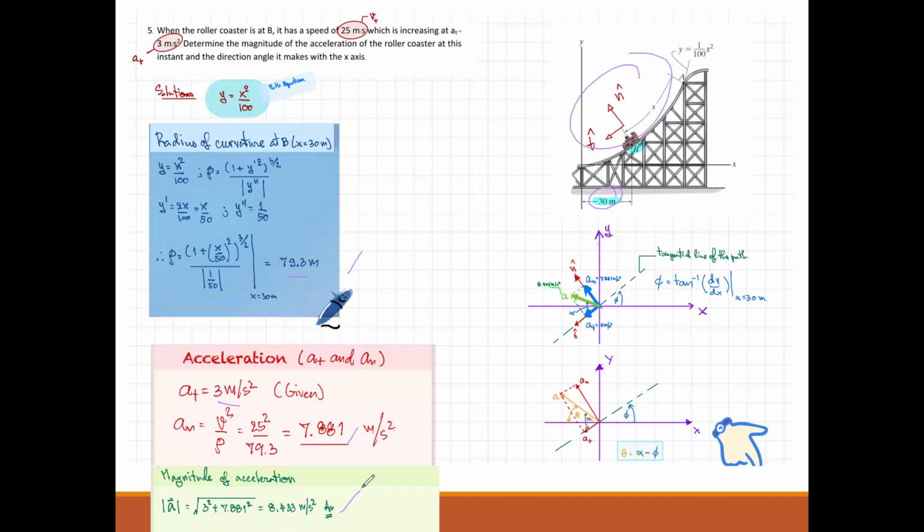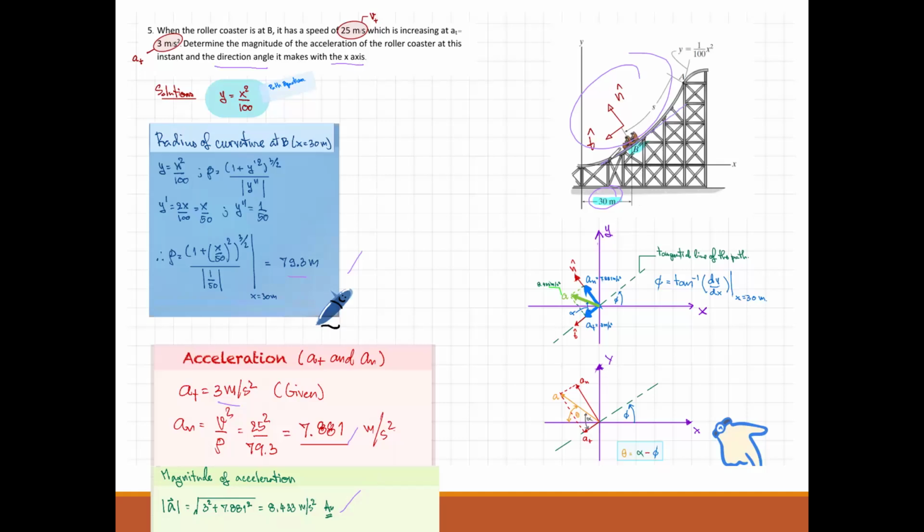But the problem would also like to know the direction of the acceleration with respect to the x-axis. So we have to draw more pictures to understand the direction of the acceleration. I'm drawing the path.